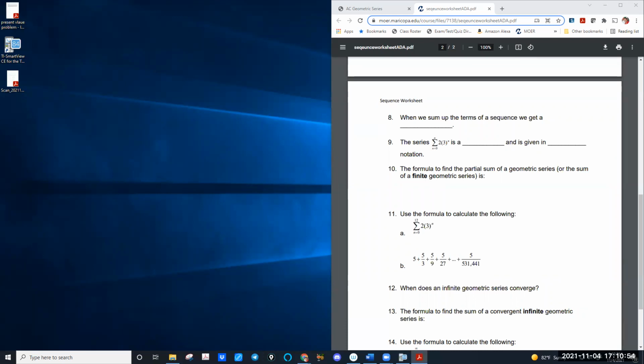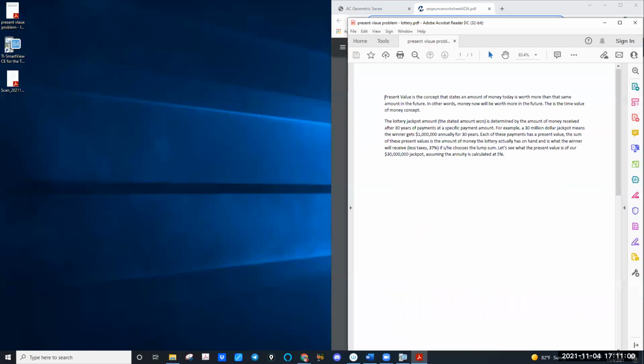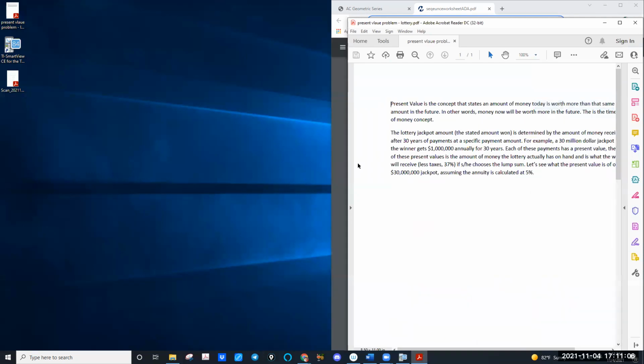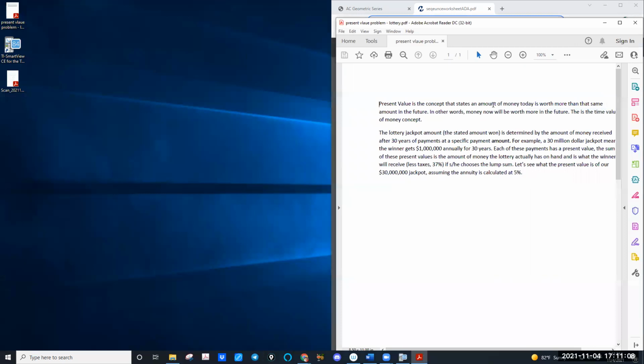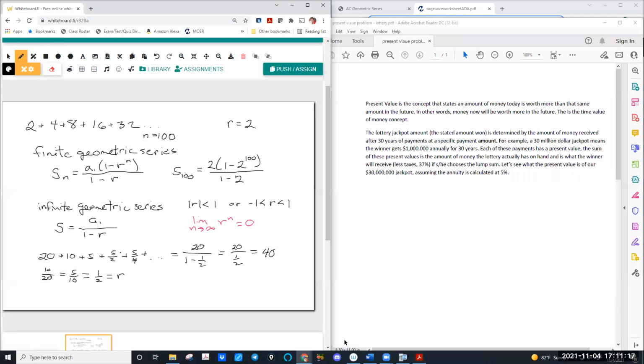Okay. So this is going to be a present value problem. So geometric series show up a lot in finance. So for those of you who maybe go on with any kind of financial math, actuarial math, things of that nature, you will see geometric series quite a bit.